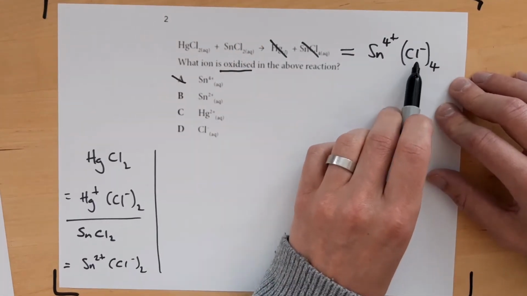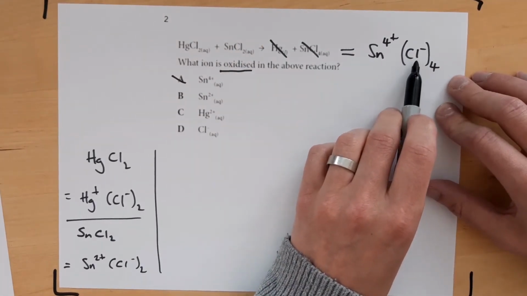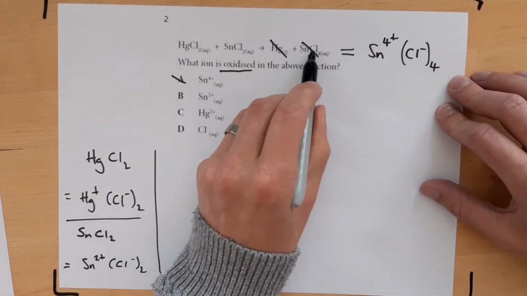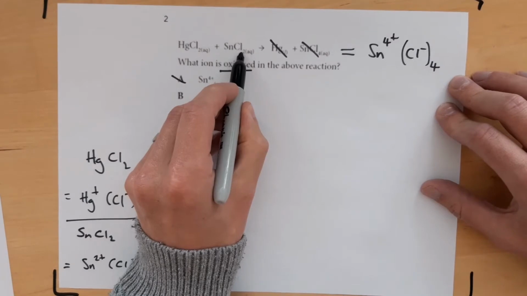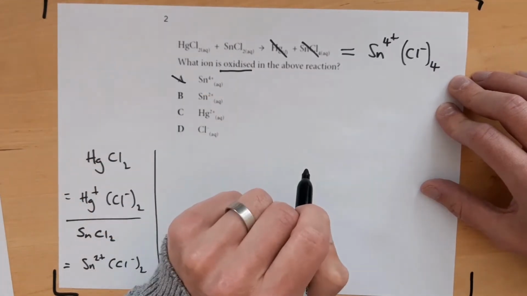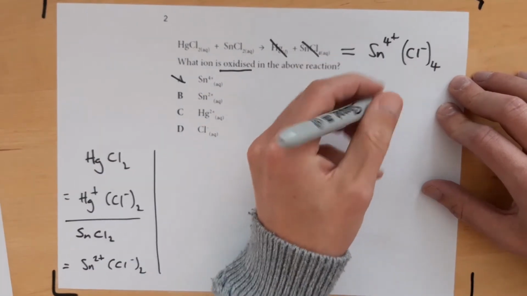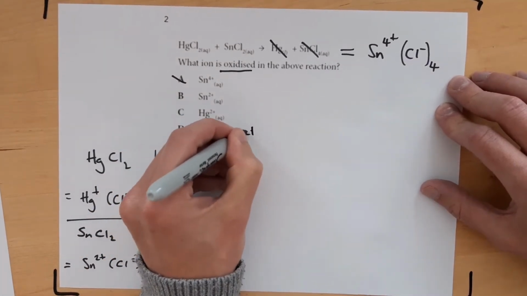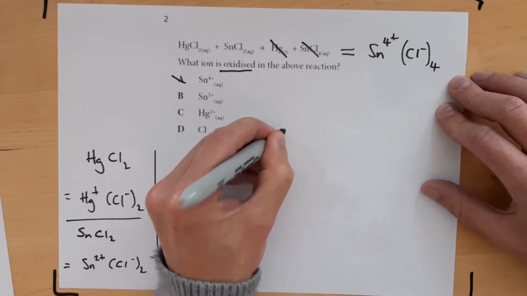What we're after here is the point that the Cl minus here is the same here as it is down here. So it's the same at the end of the reaction as it is at the beginning of the reaction. Therefore, you may remember, in this case the Cl minus is referred to as a spectator ion.